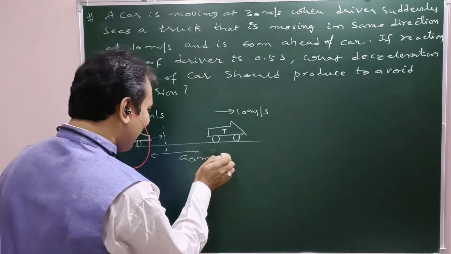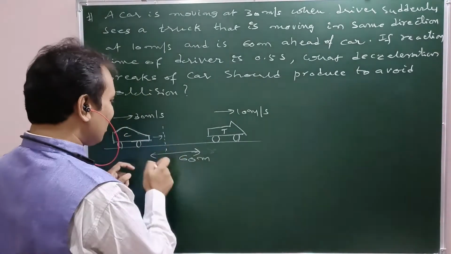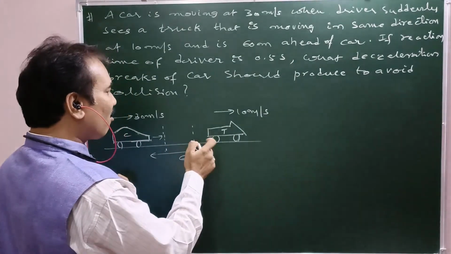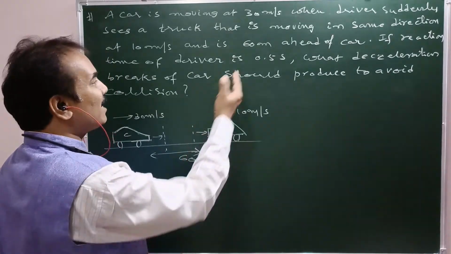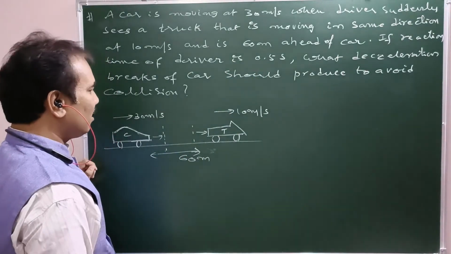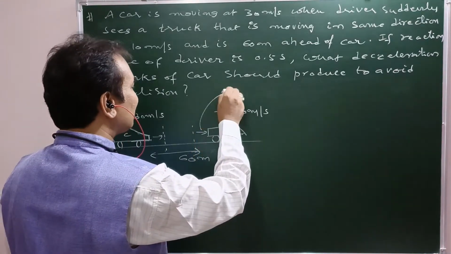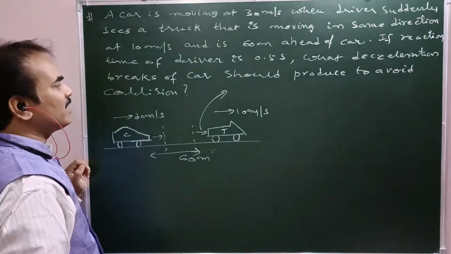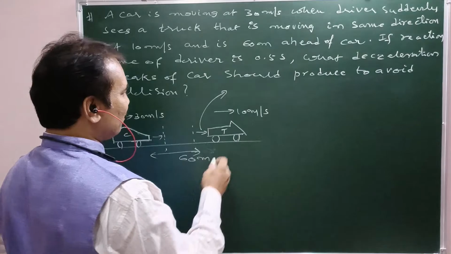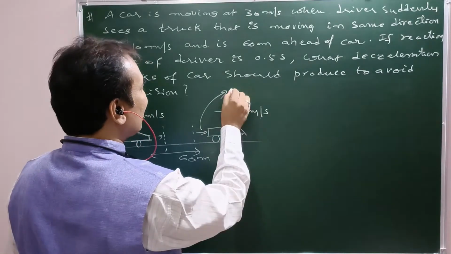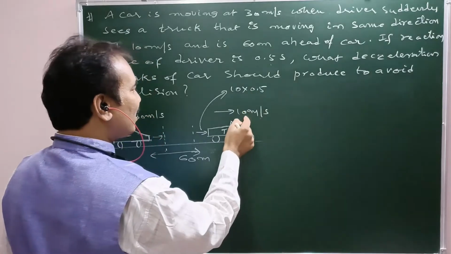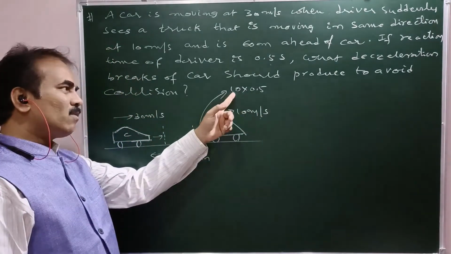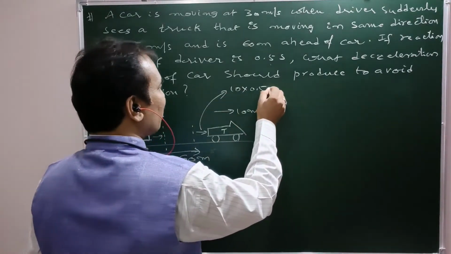Of course, this is the actual distance between car and truck, but from here the truck also advances through some distance within that 0.5 seconds, right? Now, what is this distance? That is equal to speed into time. What is the speed here? 10 meters per second into time. Time means 0.5 seconds. So 10 into 0.5. Distance equals speed into time. So that is 5 meters.